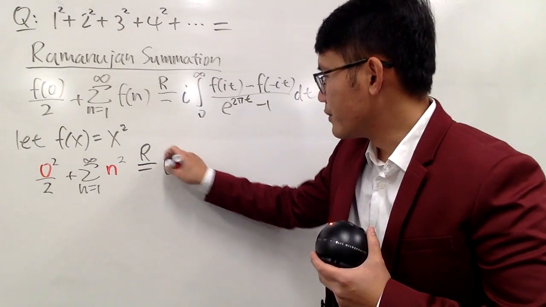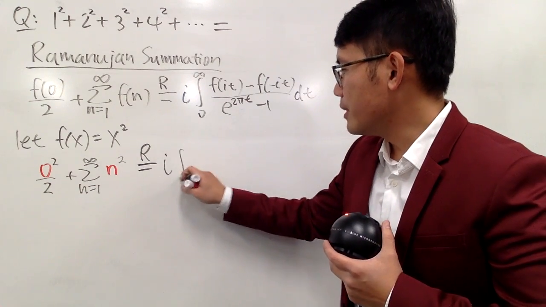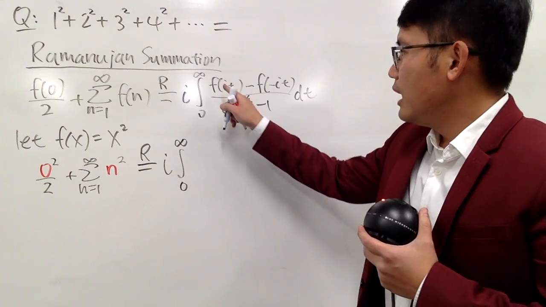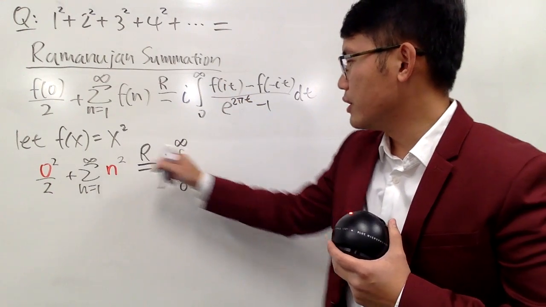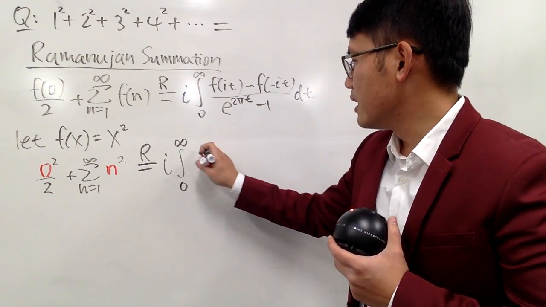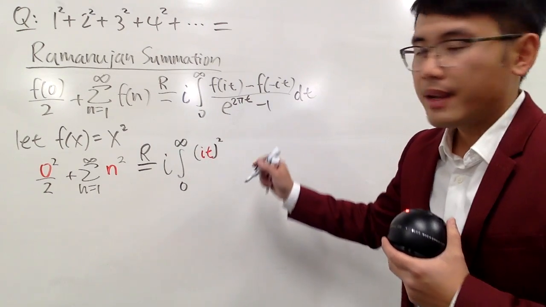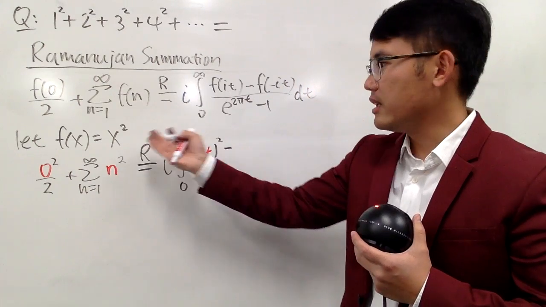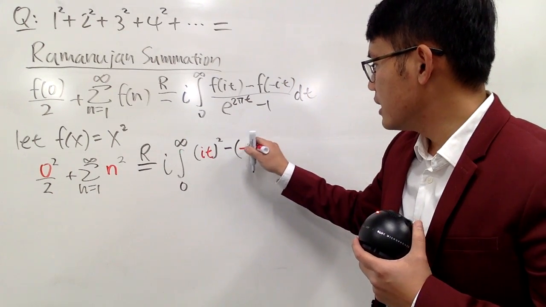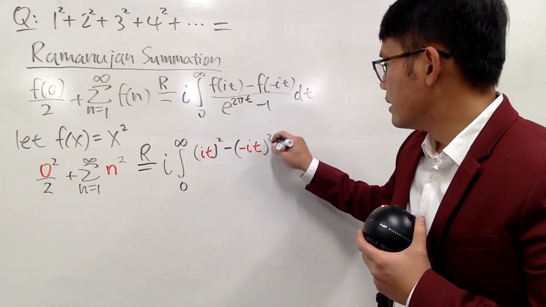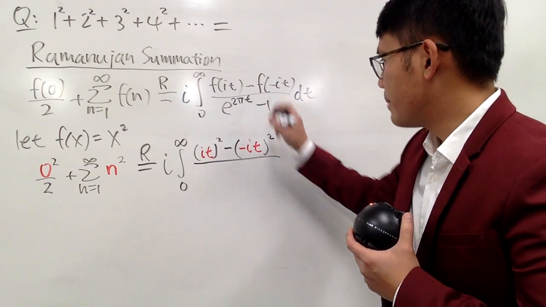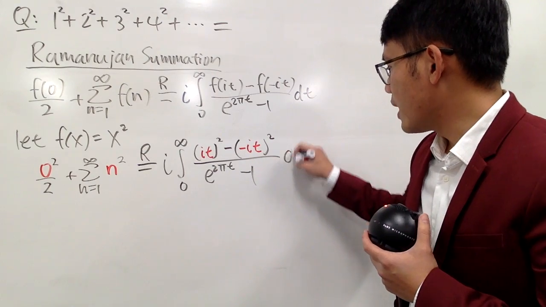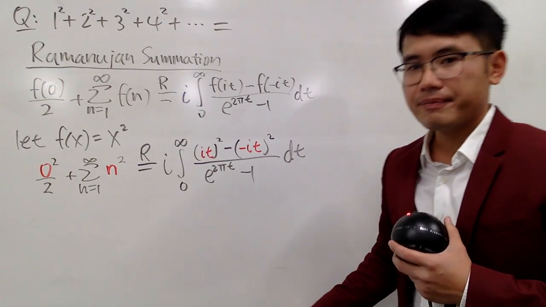And then we have the i, and we have the integral from 0 to infinity. f of it, you put it in here, so you have just it and then squared. Then minus, well, you have to have negative it in here, so you put parentheses negative it squared, and then divided by e to the 2 pi t minus 1 dt, like that.